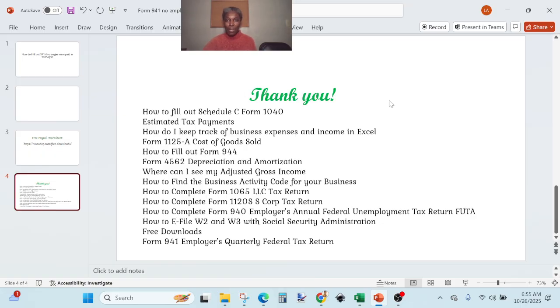And as a disclaimer, I'm not a CPA, I'm not a lawyer. I have a business degree and I have businesses that I file taxes for. I have previous tax preparation experience, but I don't work for a company filing tax anymore.